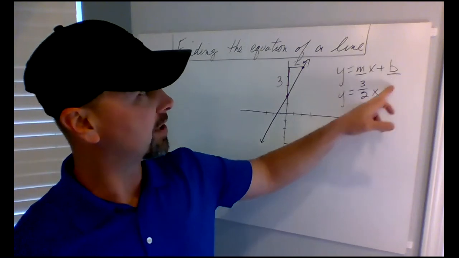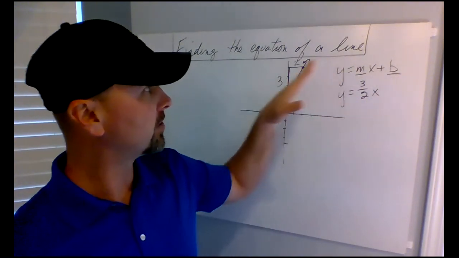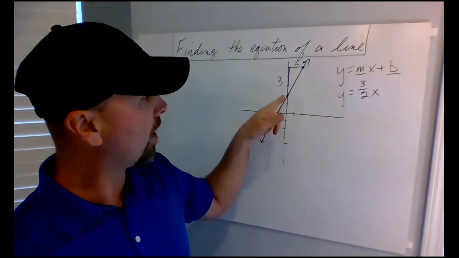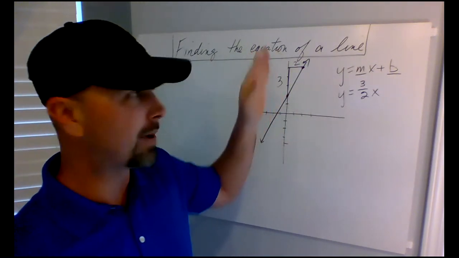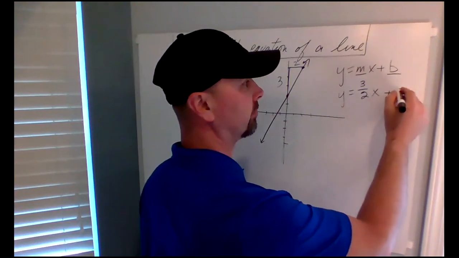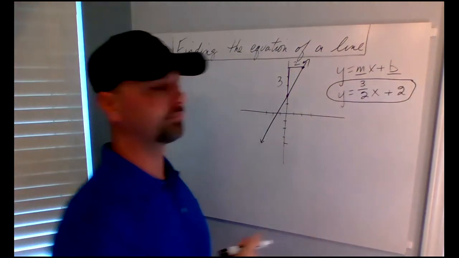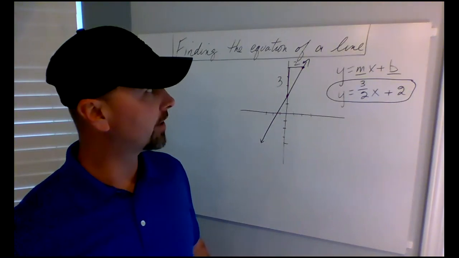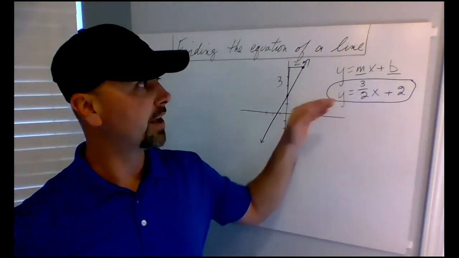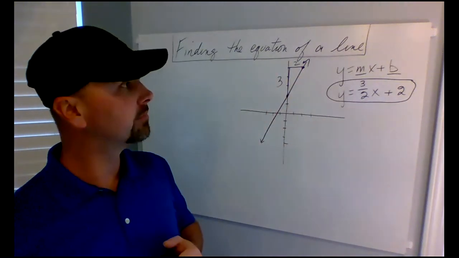And our last point is, what's the y-intercept? We can see that on a graph. Where is the line crossing the y? It's crossing at positive 2. And so we have an equation that matches the line.